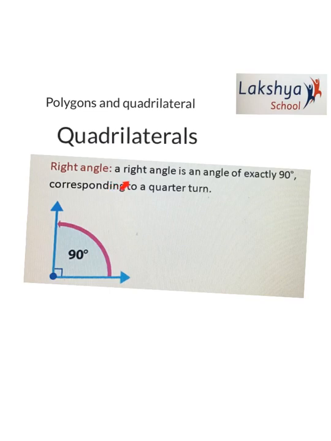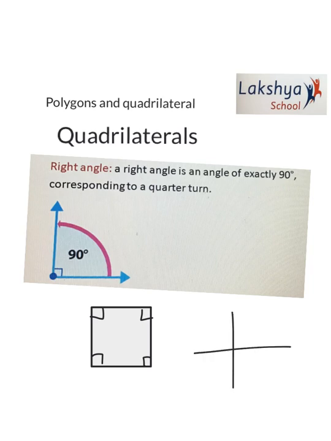Right angle. An angle of exactly 90 degrees, corresponding to a quarter turn. So this is a 90-degree angle which makes an L shape. An example of a right angle is a square, which has 90 degrees at all the corners, forming an L shape or a quarter turn, if you remember the coordinates.